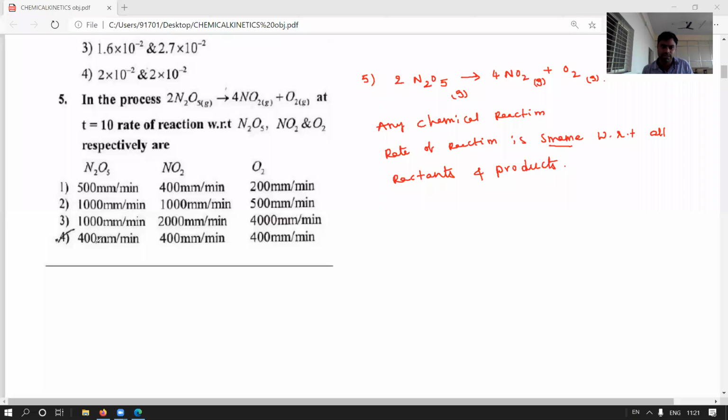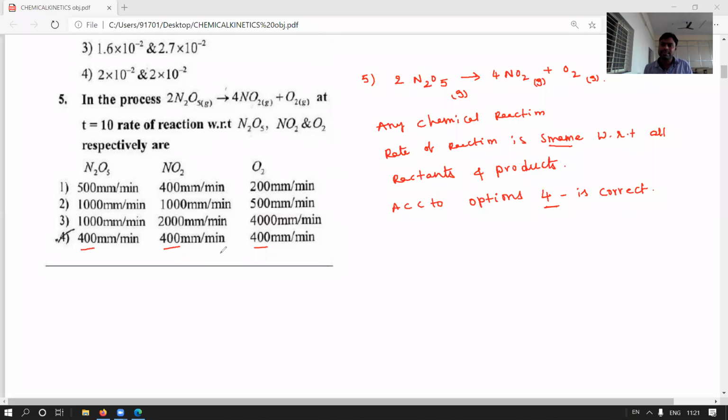Observe the options. According to the options, the fourth is correct. The fourth option is correct because all rates with respect to N2O5, NO2 and O2 are the same, given as 400, 400 and 400.